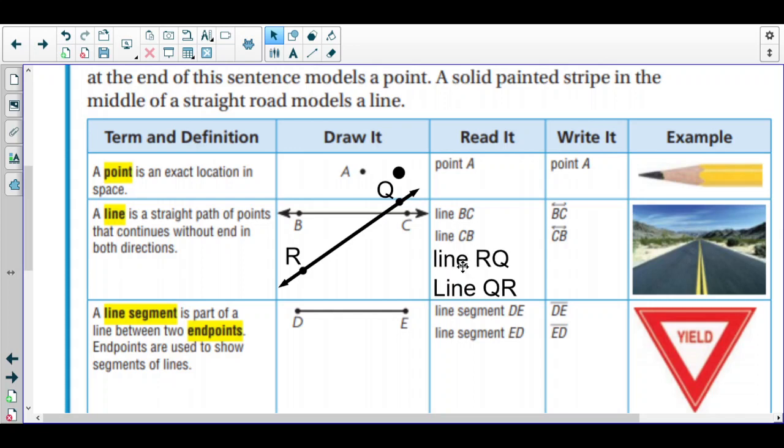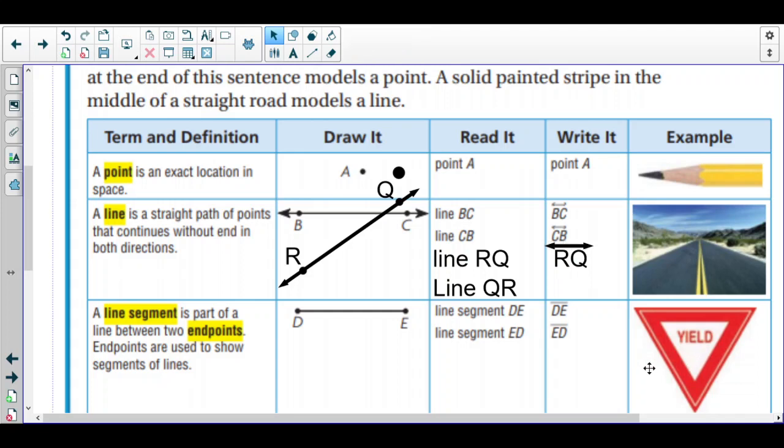Now, if we wanted to use this symbol, we would say line RQ and above it make this symbol that has an arrow on both sides.